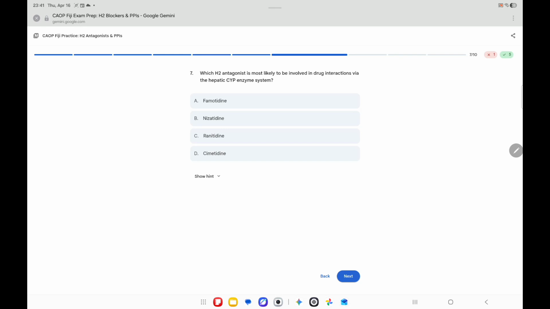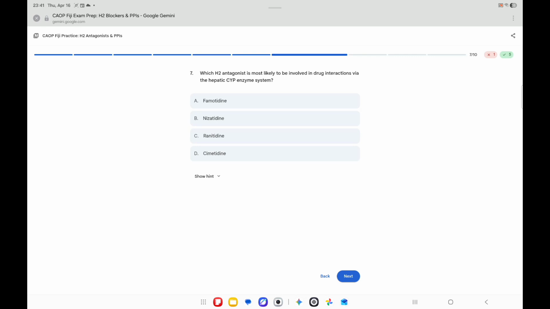Question number 7 says, which H2 antagonist is most likely to be involved in drug interaction via the hepatic cytochrome P450 enzyme system? A, famotidine, B, nizatidine, C, ranitidine, and D, cimetidine.